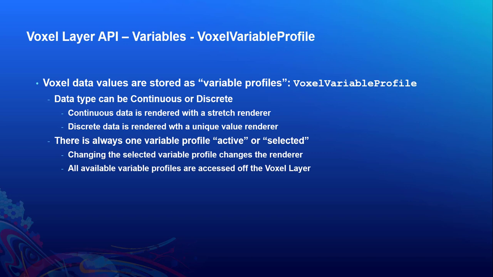There is always one voxel variable profile that is the active or selected variable profile. And as you'll see, when you change the selected variable profile, the renderer of the layer is changed. You access the available variable profiles off the voxel layer.